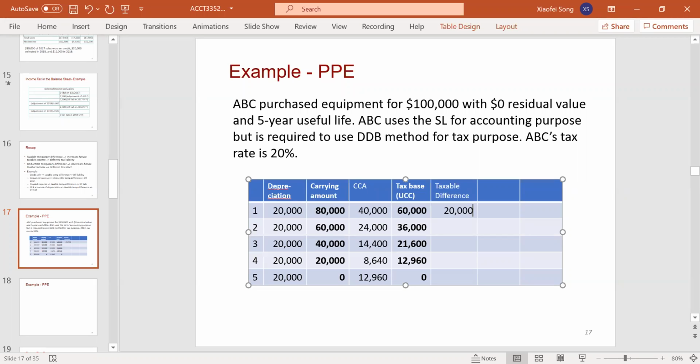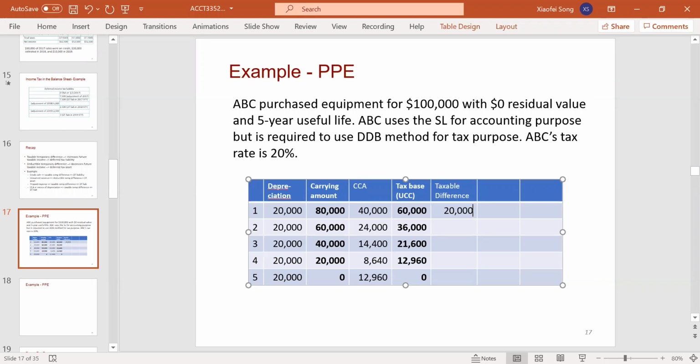In the example we did before, it's treated as positive, but when they have multiple items, they put everything that's deferred tax liability as a negative number, just because of the convention that a credit is a negative number and a debit is a positive number. So the important thing is don't mix it up. If you use a negative number for deferred tax liability, make sure you remember that. So for deferred tax asset, the taxable difference will be a positive number, right? That doesn't really matter here.